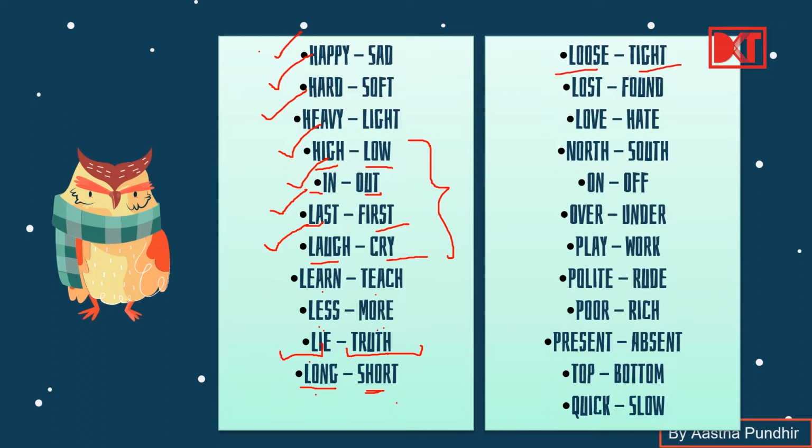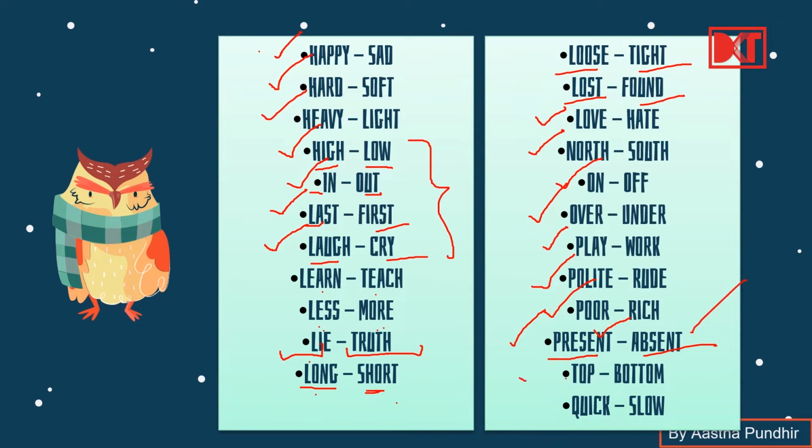Loose and tight, lost, found, love, hate, north, south, on and off, over and under, play and work, polite and rude, poor and rich, present and absent. When your teacher takes your attendance, you either say present ma'am when you're in the class, or for somebody who's not there, you say absent ma'am.